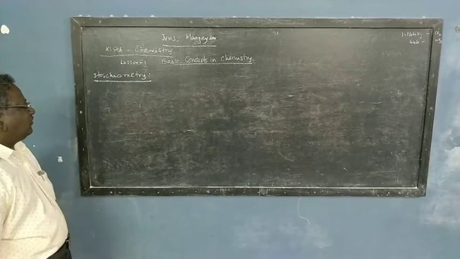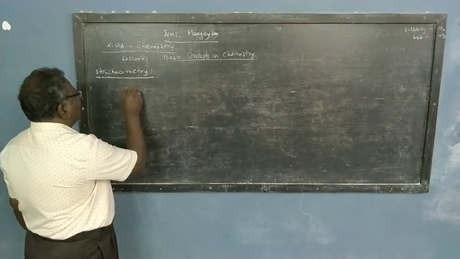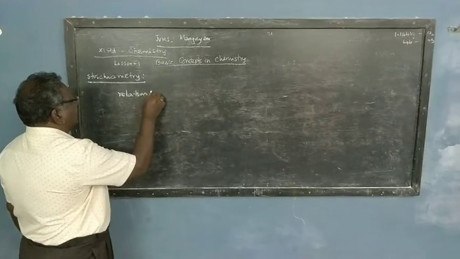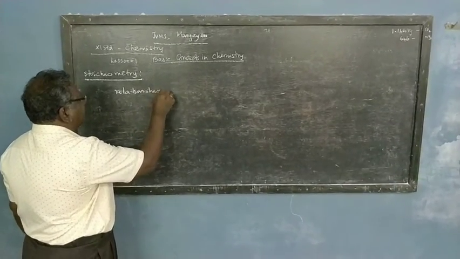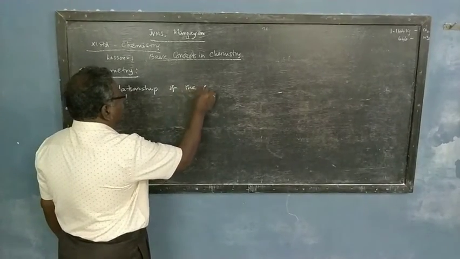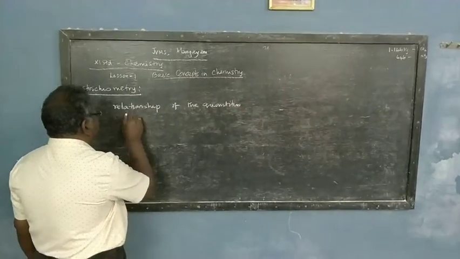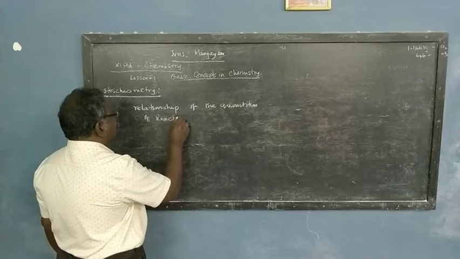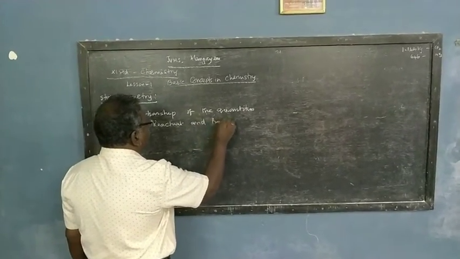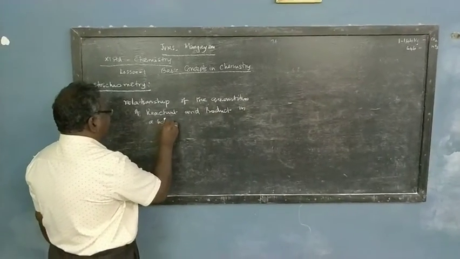Stoichiometry is the one which brings the relationship of the quantities of reactants and products in a balanced chemical reaction.